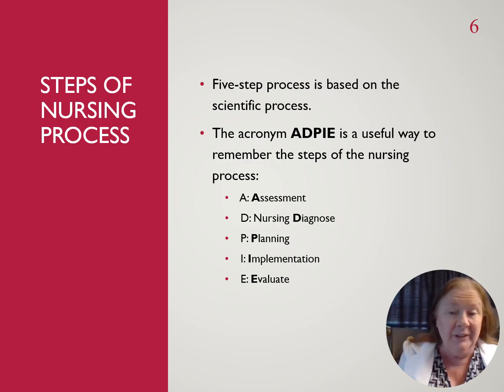I like the way they clarify this here, because if you just see D is diagnosis, you might think you're supposed to come up with a medical diagnosis, and that is not what nurses do. Nurses come up with a nursing diagnosis that will tell you how patients are responding to their symptoms or to their medical diagnosis. P is planning, I is implementation, and E is evaluation. I'm going to go over each one of these.